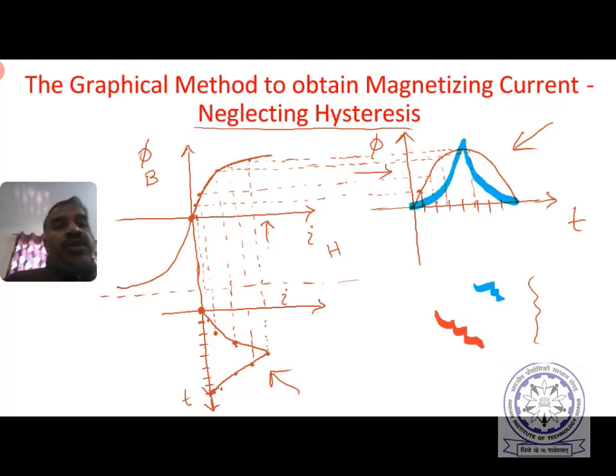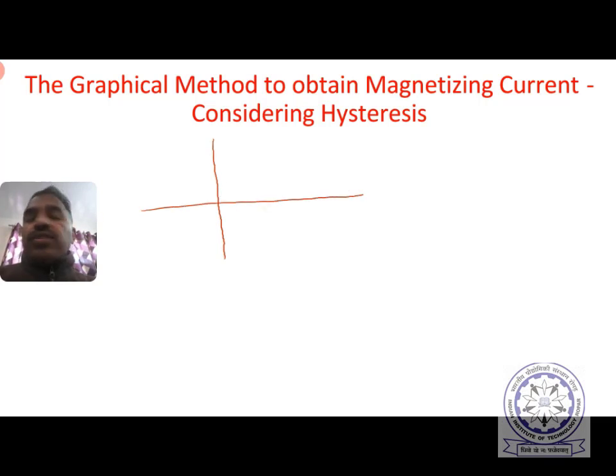Right. So you have seen the graphical method to obtain magnetizing current neglecting hysteresis. Now if hysteresis is also considered, you have to plot the hysteresis characteristic like this.